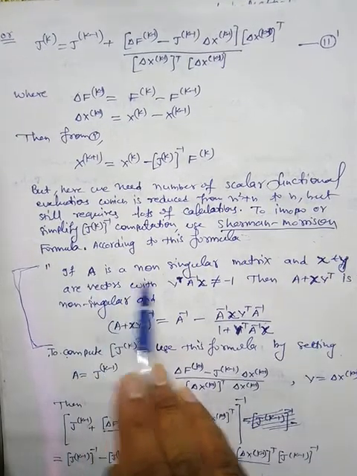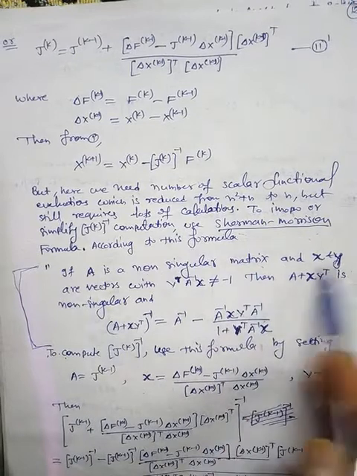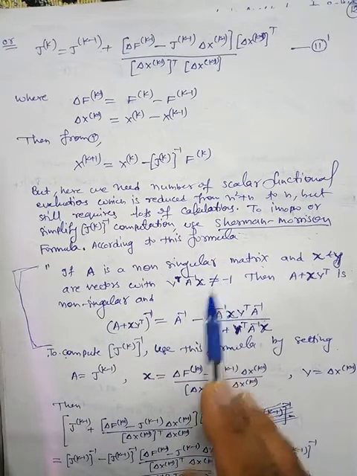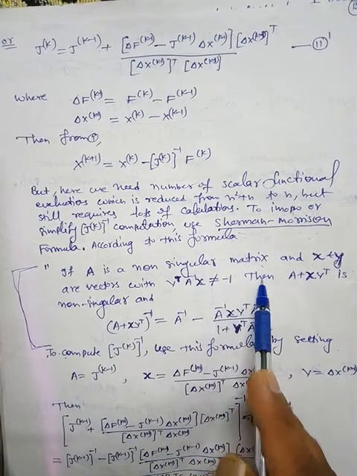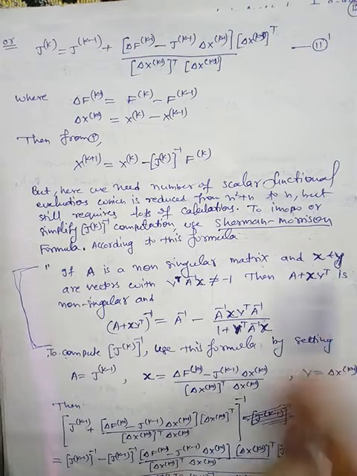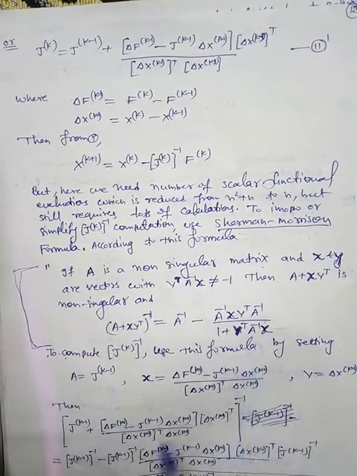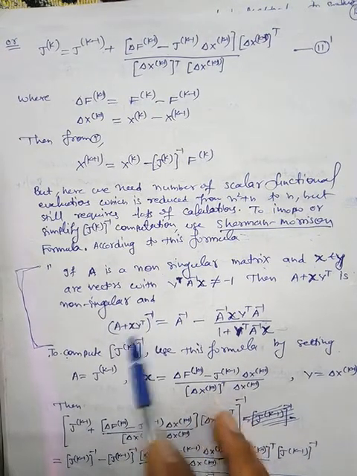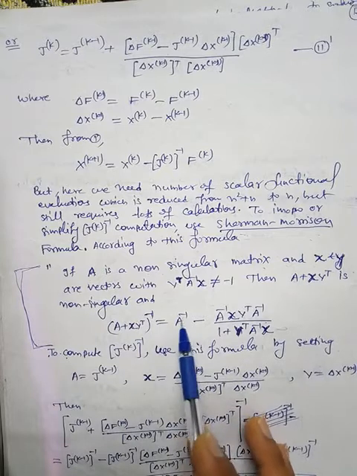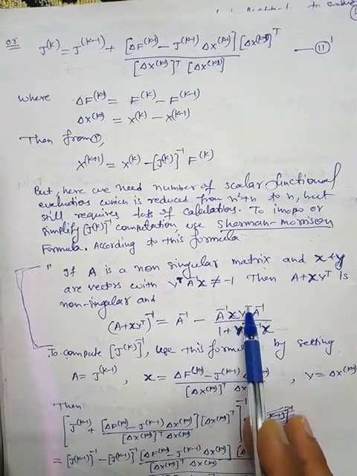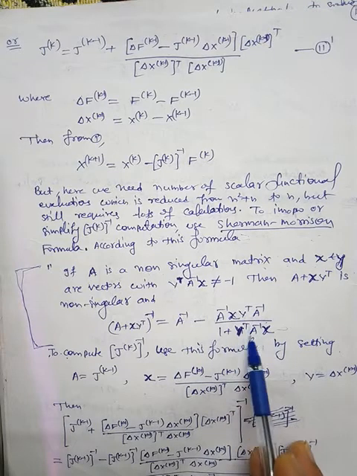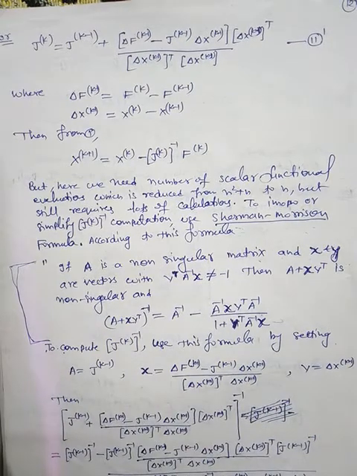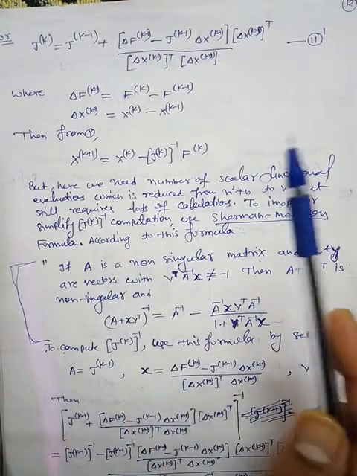If A is a non-singular matrix and x and y are vectors with y transpose A inverse x not equal to minus 1, then A plus xy transpose is non-singular and is evaluated with this formula. A plus xy transpose, whole inverse, is equal to A inverse minus A inverse x y transpose A inverse divided by 1 plus y transpose A inverse x. So this is the Sherman-Morrison formula. Here we will use this formula to find jk inverse.